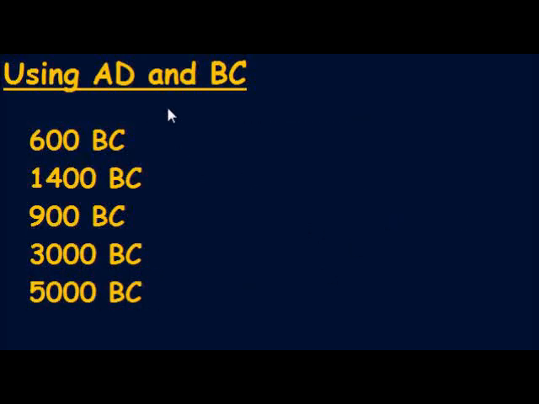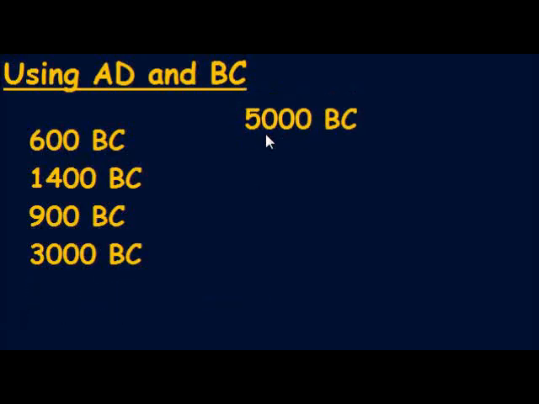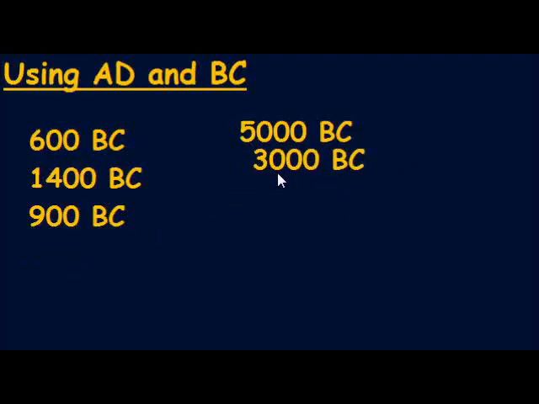Okay, so with BC we work the other way around. The year 5000 BC is actually the furthest into the past because it's the biggest number. Then the year 3000 BC would be the next furthest if we're counting forward in time. Okay, so we've moved forward in time by 2000 years because we count the other way with BC.